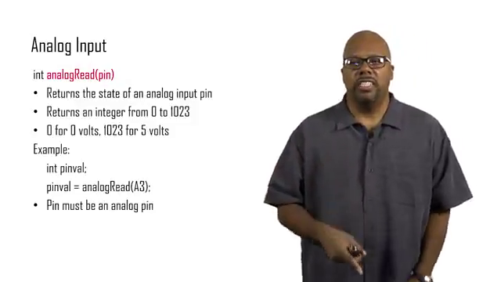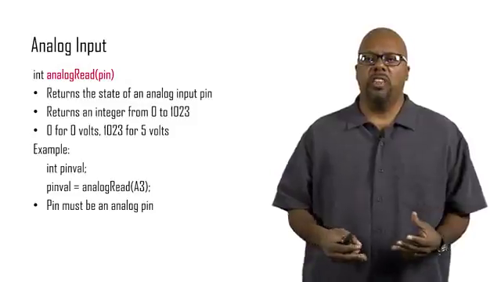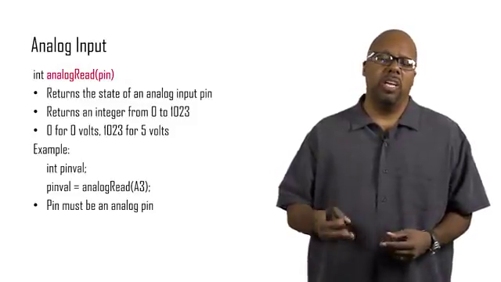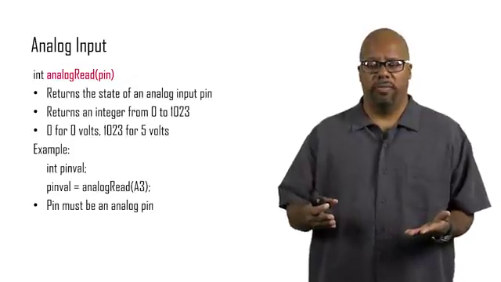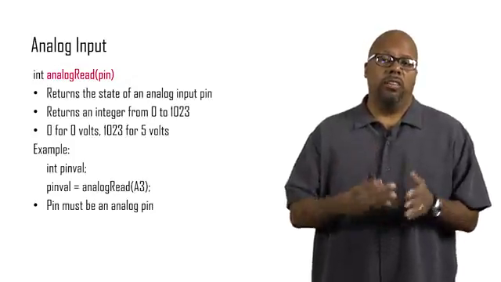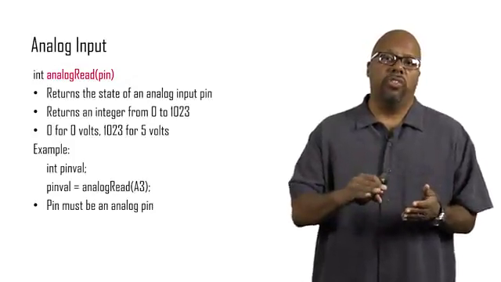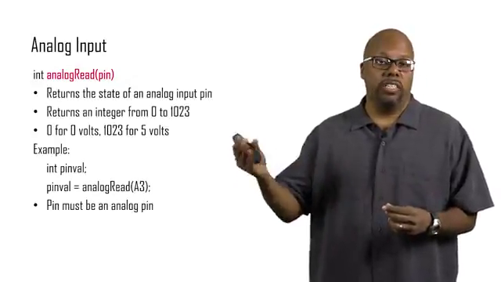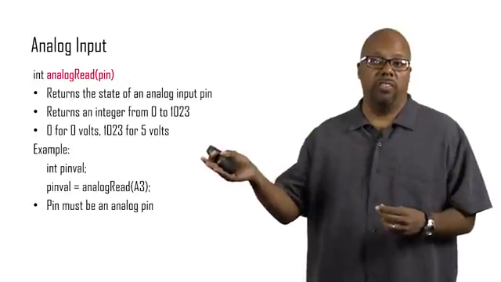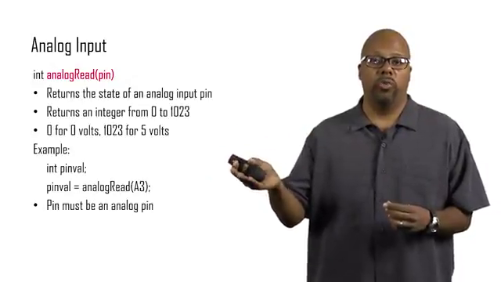So analogRead returns the state of the analog input pin, but it returns an integer from 0 to 1023. 0 is the bottom of the range, so if you have 0 volts on this pin, it's going to return a 0. The top of the range is 5 volts, so if it sees 5 volts, it's going to return 1023.